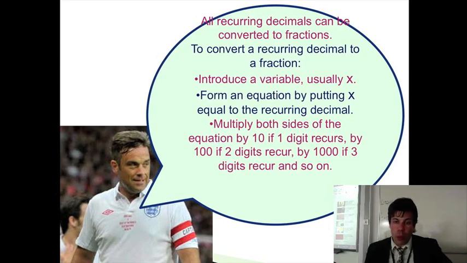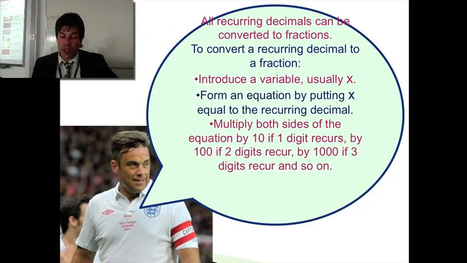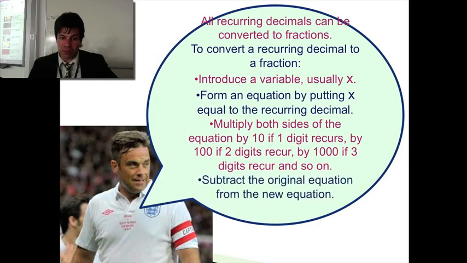With the 0.16 recurring, be careful, because although it's written to 2 decimal places, it's only the 1 digit of 6 that recurs. Then we're going to subtract the original equation from the new equation.